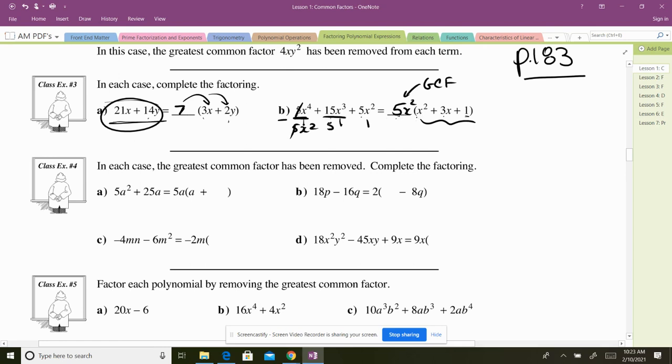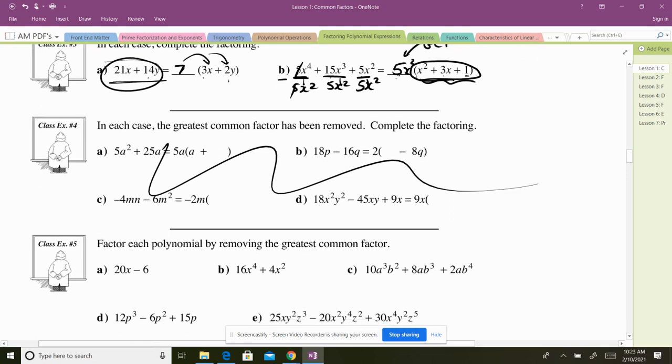You divide each term by what you took out. So 15 divided by 5 is 3. x cubed over x squared becomes x. And divide by 5x squared, all of that cancels. Divide anything by itself, you get 1. That's why it's this. Okay? We'll practice it some more.